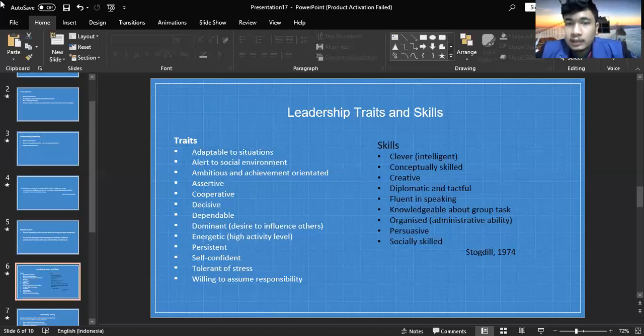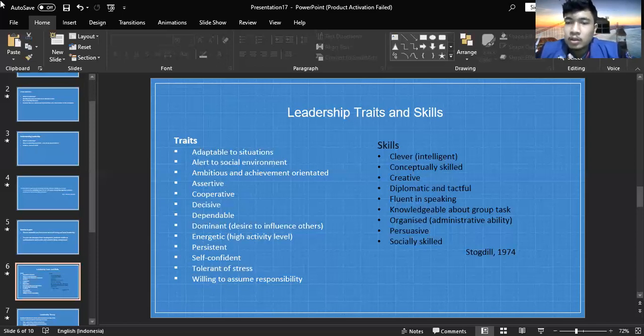Next, we have leadership skills. A leader must have skills that are clever or intelligent. Your brain is good. Second, conceptually skilled. And next, you must be creative, diplomatic and tactful, and fluent in speaking.